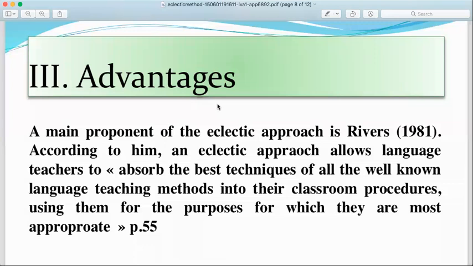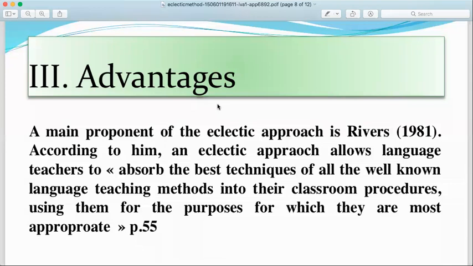Another important characteristic of eclectic approach is considering errors as a part of the learning process. It doesn't mean that the teacher does not correct the errors, but she would correct the errors at the end of any activity. Okay, immediate error correction is not a part of eclectic approach because it might demotivate the students.